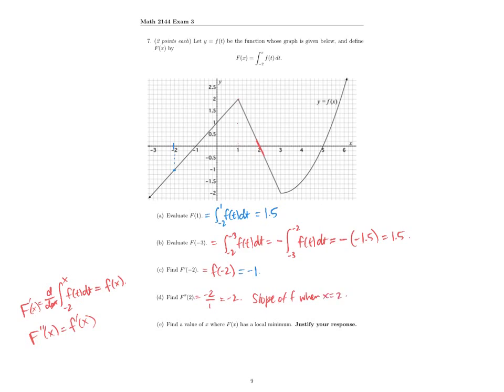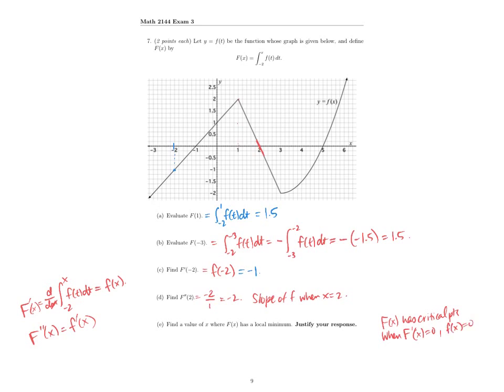Okay, find a value where capital F has a local minimum. Justify your response. So I know that capital F has critical points when capital F prime is equal to 0, but we know capital F prime is equal to little f.